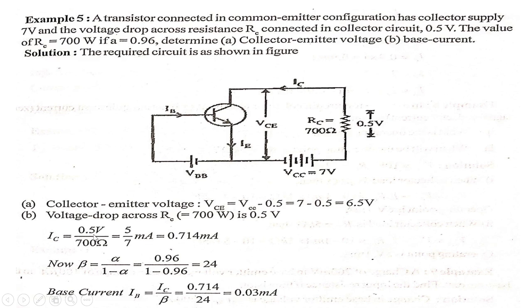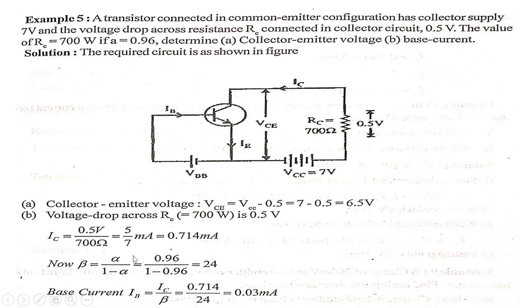So IC equal to 0.5 volt upon 700, that is equal to 5 upon 7 milliampere, that is equal to 0.714 milliampere.